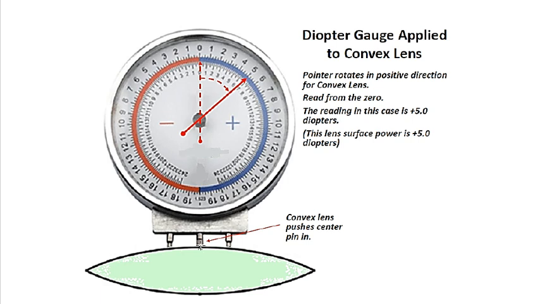Here the surface is higher because the convex lens curvature goes up, so it goes to the positive side. This diagram shows how the hand moves from 0 to the positive side, that much, 0 to 5. So altogether you have +5 diopters. That's the power of this lens. This lens surface power is +5.0 diopters, which is pretty high power.